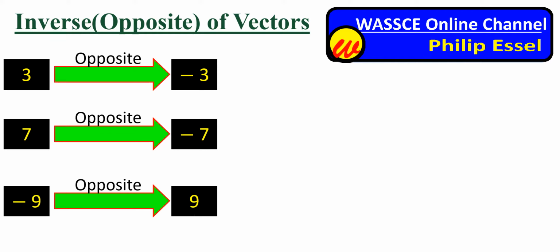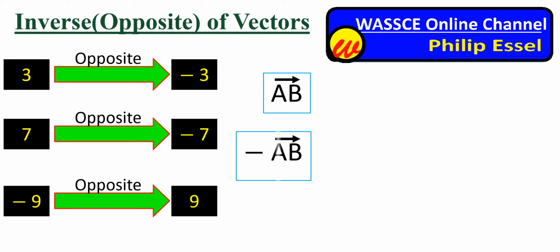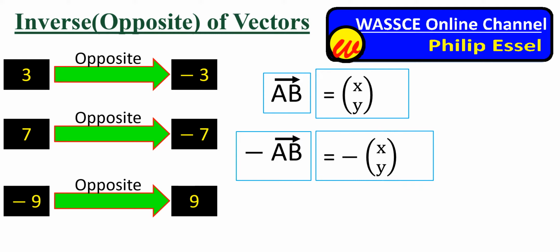9 or positive 9. Now let's take the vector AB. What this means is that the opposite of the vector AB would be negative AB. So if the vector AB is equals to xy, then the vector negative AB would be negative xy.